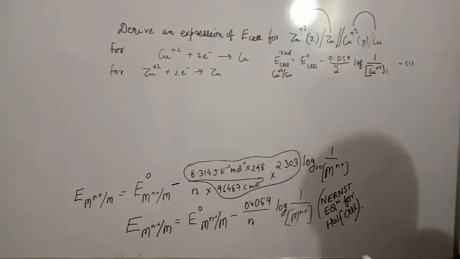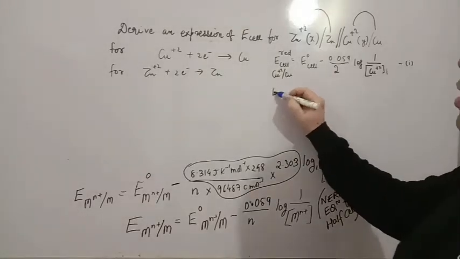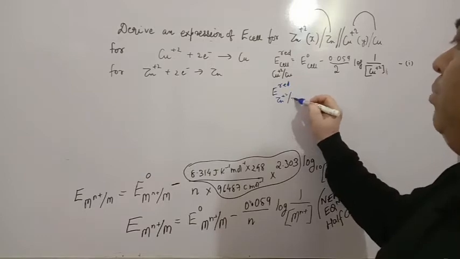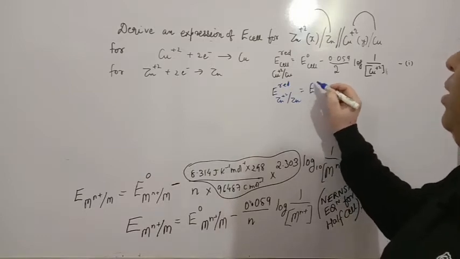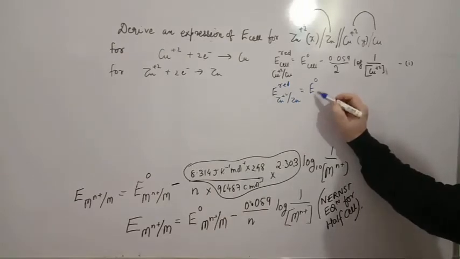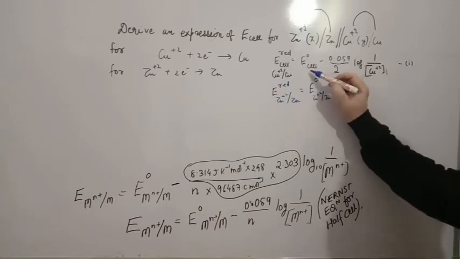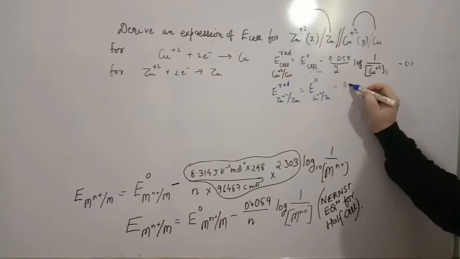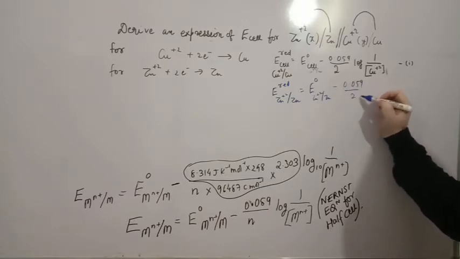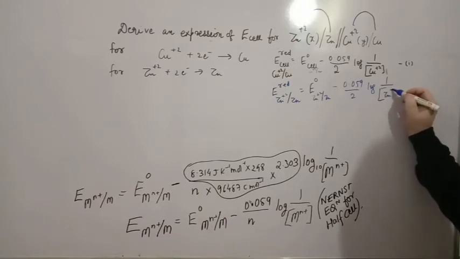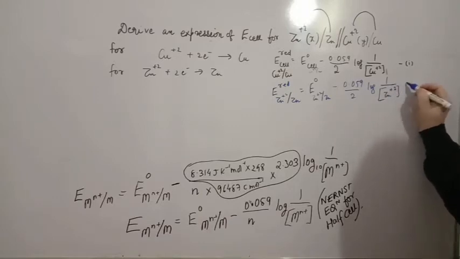So E reduction potential of Zn2+ becoming Zn will be equal to E standard of Zn2+ Zn, which could also be written as Cu2+ Cu, minus 0.059 by 2 log 1 by Zn2+. Let this be equation 2.